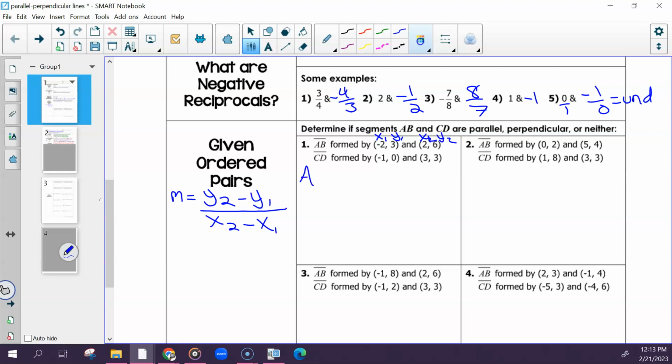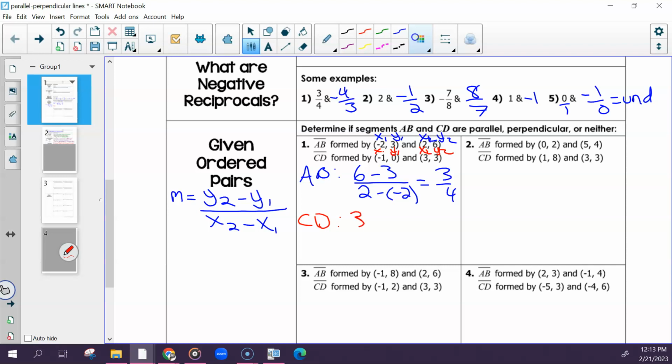So for AB, we'd have 6 minus 3 over 2 minus a negative 2. What would that slope be? And then let's do the other one, CD. Same thing, if you want to label them, you do that.